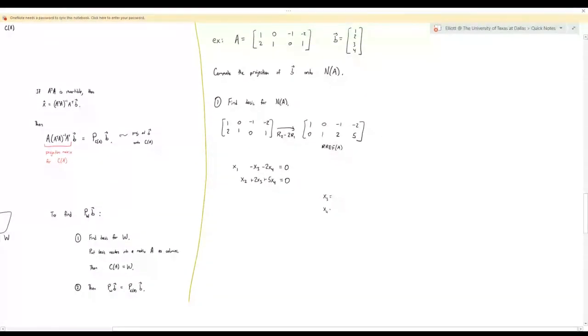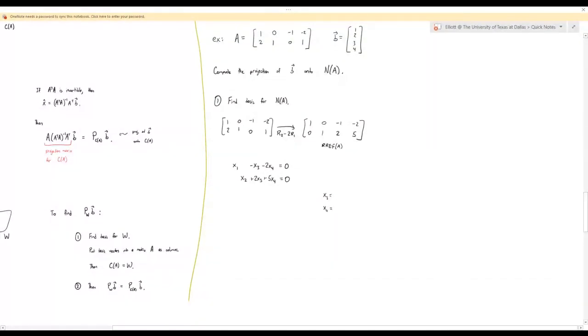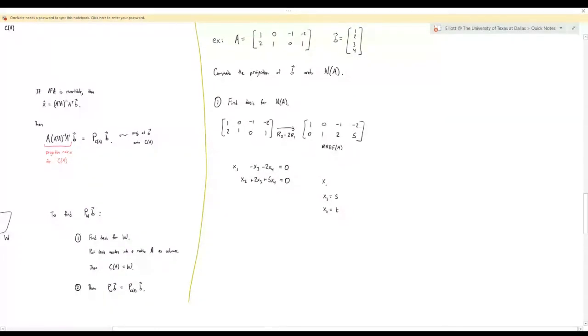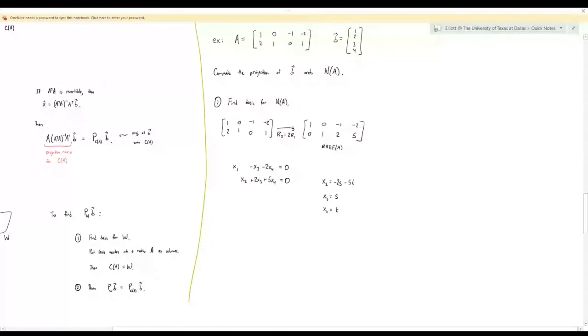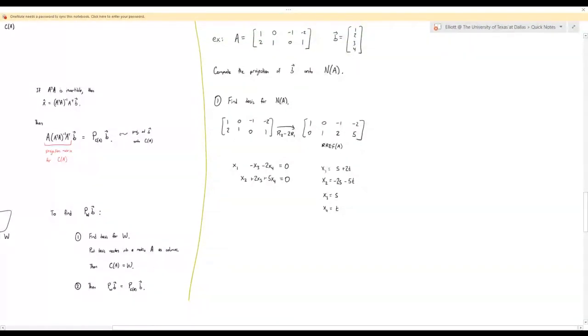So the way that I do that is I parameterize the free variables. So x3 and x4 would be free in this case. We could say x2 is negative 2s minus 5t, and we could say x1 is going to be 1s plus 2t.